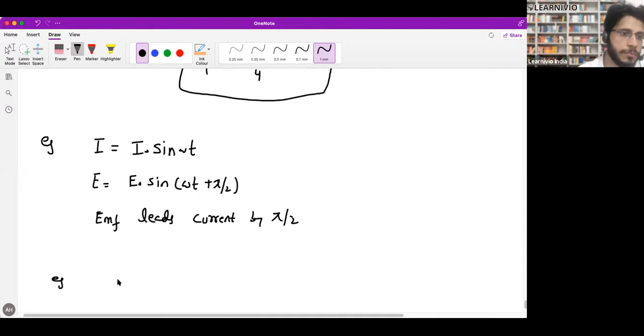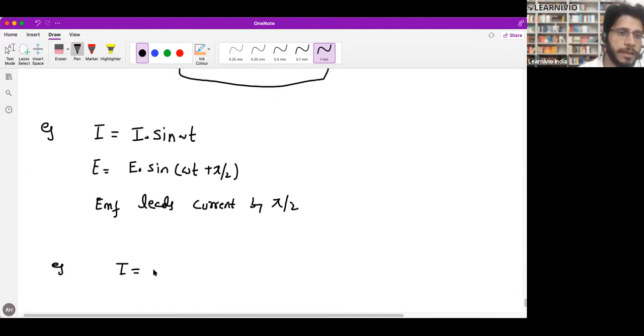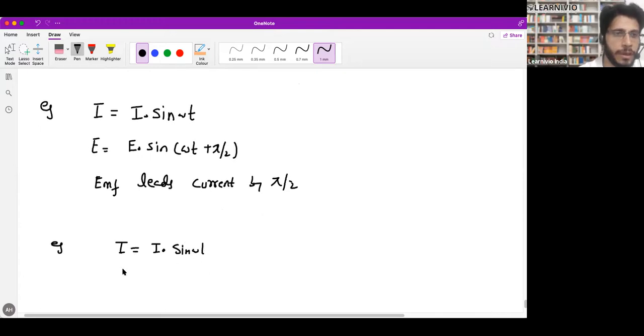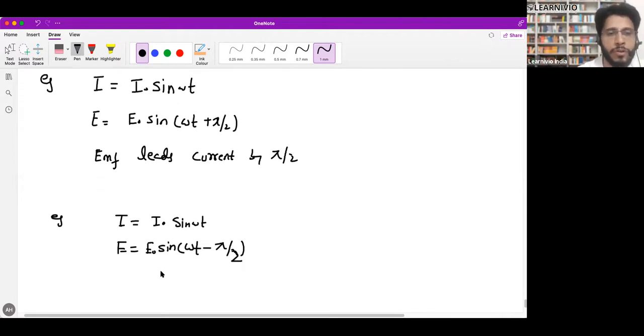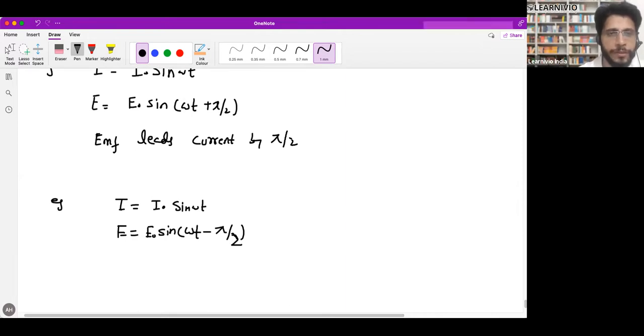Let's take another example. I'm writing I is I naught sine omega t. And I write E is E naught sine omega t minus pi by 2. Okay, now Nazira will tell. Nazira, do these two have the same phases or different phases? Different.